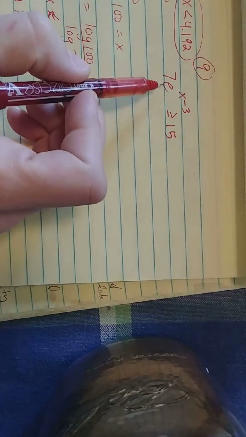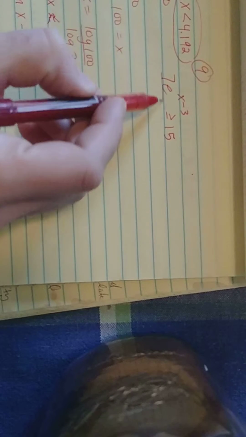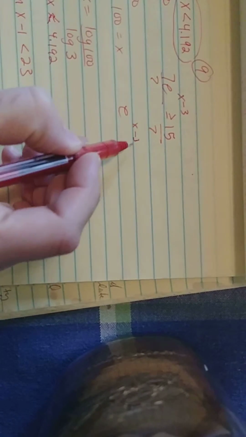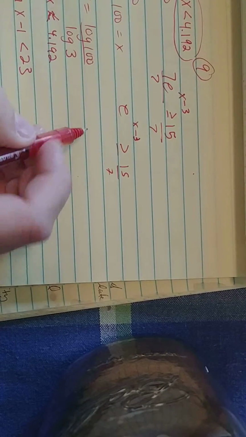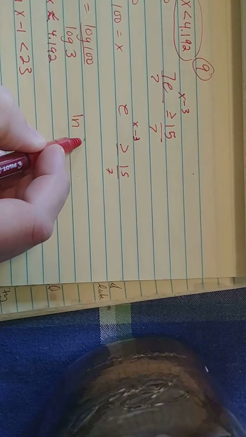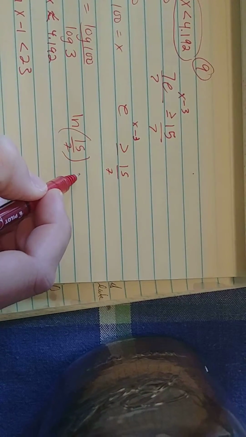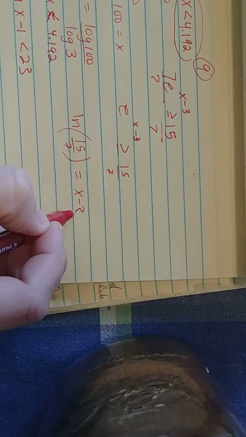Over here, so again, I want to get this, sorry, we're a little out of focus. We want to get the e to the x minus 3 alone, so dividing both sides by 7, e to the x minus 3 is greater than or equal to 15/7, which means log natural of 15/7 compares to, I'm going to just replace it with an equals for now, x minus 3.